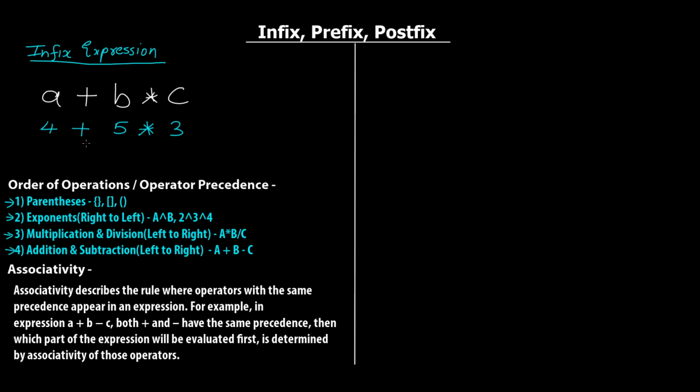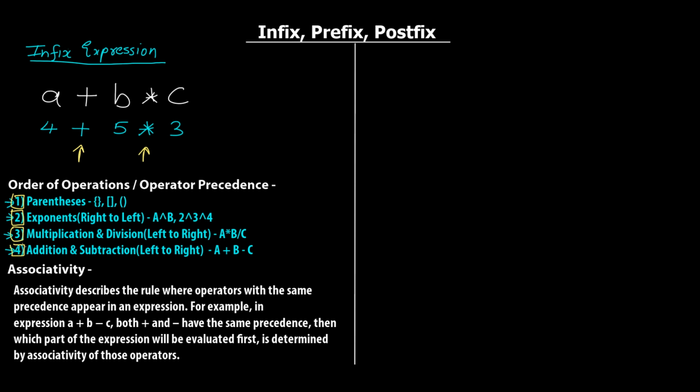In our case, you can see that we have a plus operator and a star operator. According to operator precedence, multiplication and division are above addition and subtraction. The numbers 1, 2, 3 and 4 are the precedence values, which means number 1 has higher precedence than number 2, number 2 has higher precedence than number 3, and number 3 has higher precedence than number 4.